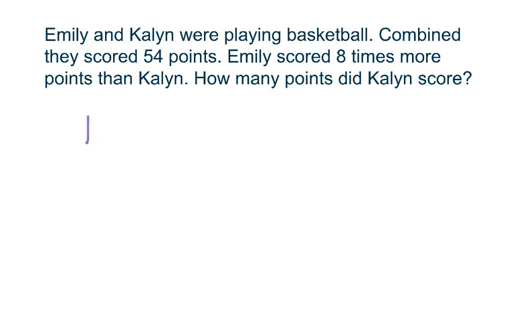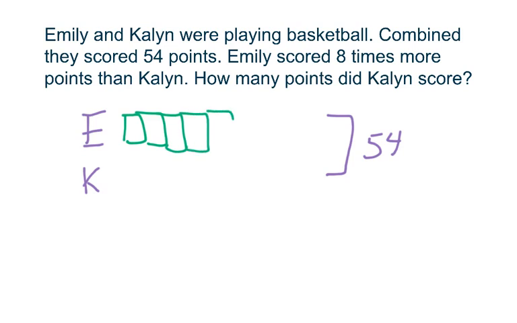All right, we have Emily and we have Kaylin, and together combined, they scored 54 points. Emily scored 8 times more points than Kaylin, so Emily's going to get 8 boxes. And Kaylin's just going to get 1. All of these would have an n in them, or whatever variable you would like to put.